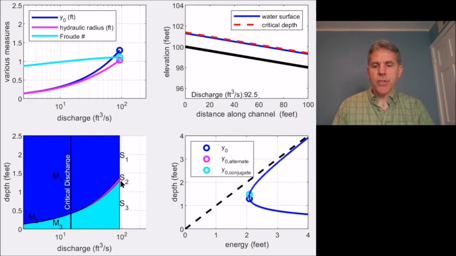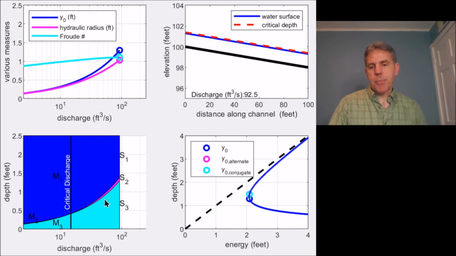You can now start to see a slight differentiation here of the magenta area where the S2 curves will live. So the dividing line is going to be a function of the normal depth.